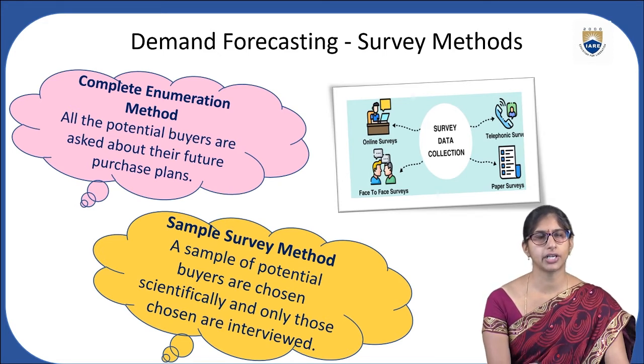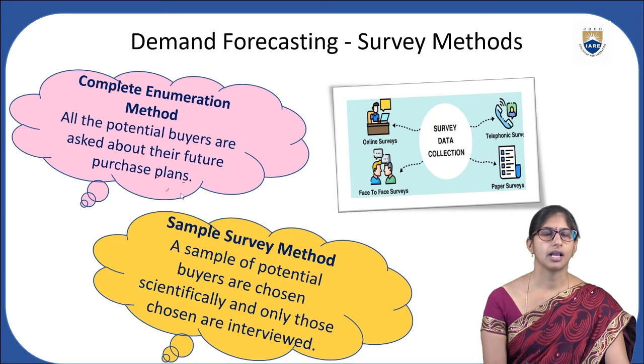Based on their future purchase plans, the demand is estimated. This is also a kind of survey, conducted on buyers' potential and their future plans for purchasing the product. So this is the complete enumerated method.